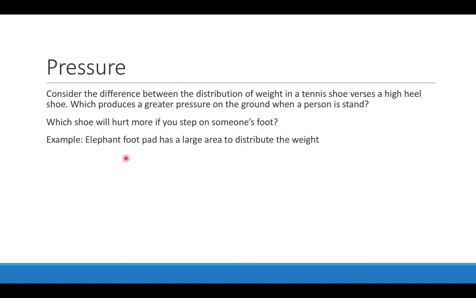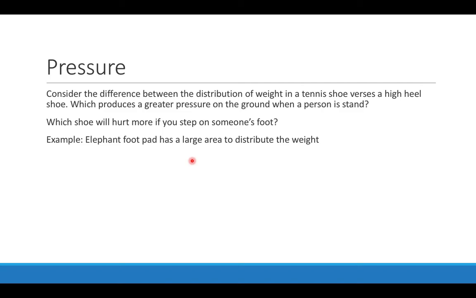This is also relevant in terms of the way animals have evolved over time. An elephant has a foot pad with a very large surface area, and that's because elephants are very heavy. You would want to distribute that weight over a larger surface area, for the same reason as the high heel shoe.